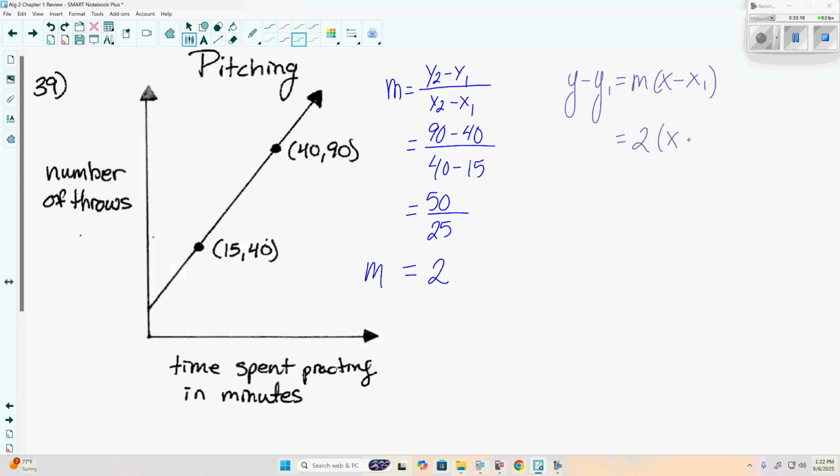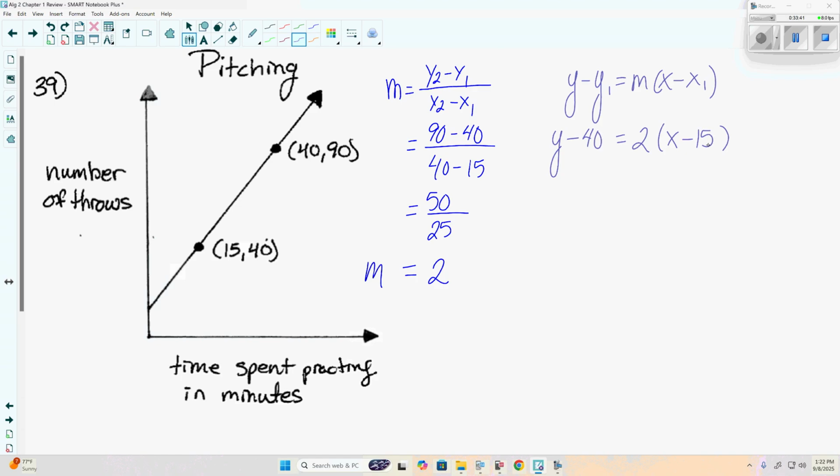We can plug 2 in for the slope. Darley, pick a point. Which one of the two? Give me the y value of the point you want to use. 40. And its corresponding x value is 15.